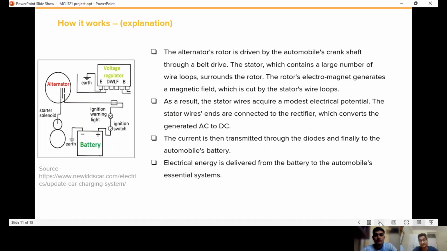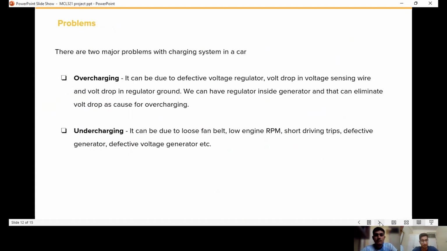When the engine starts rotating, the rotor also starts rotating. It generates an electric potential in the stator, which is then rectified to DC current and stored in the battery. From the battery, the electric energy is distributed to the other parts of the automobile.